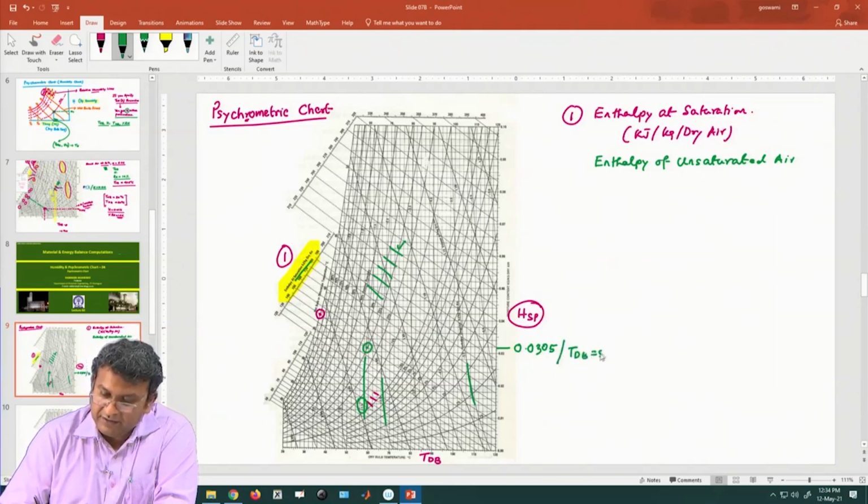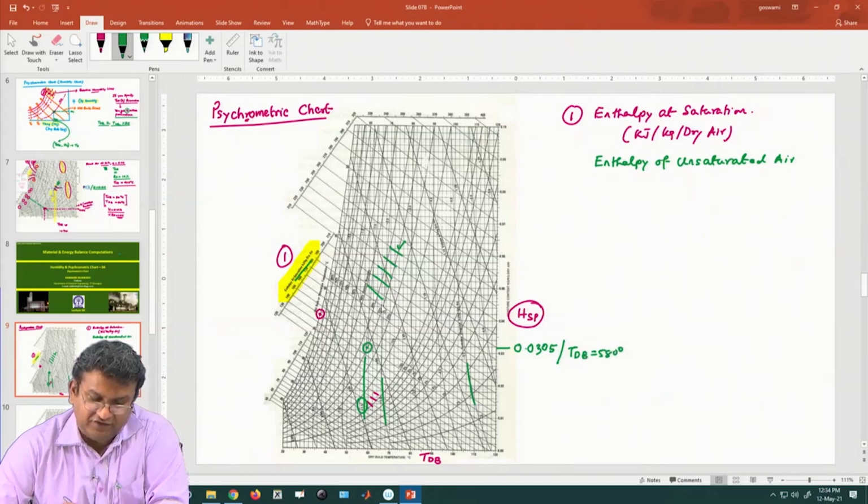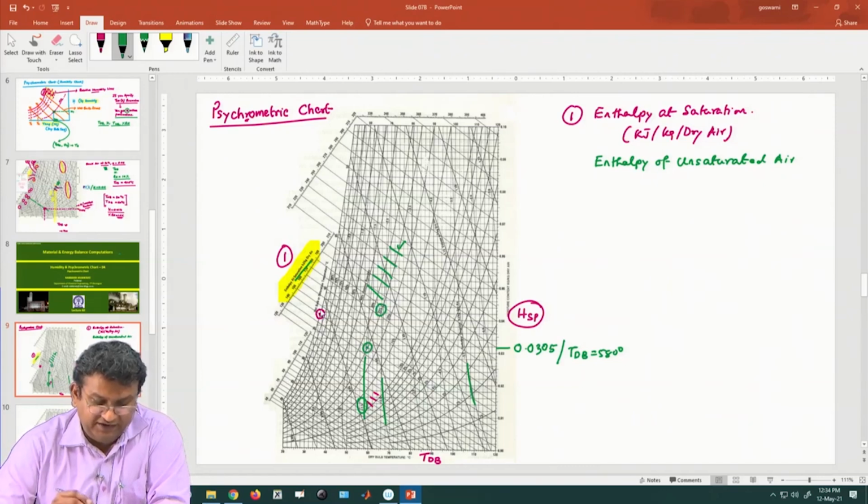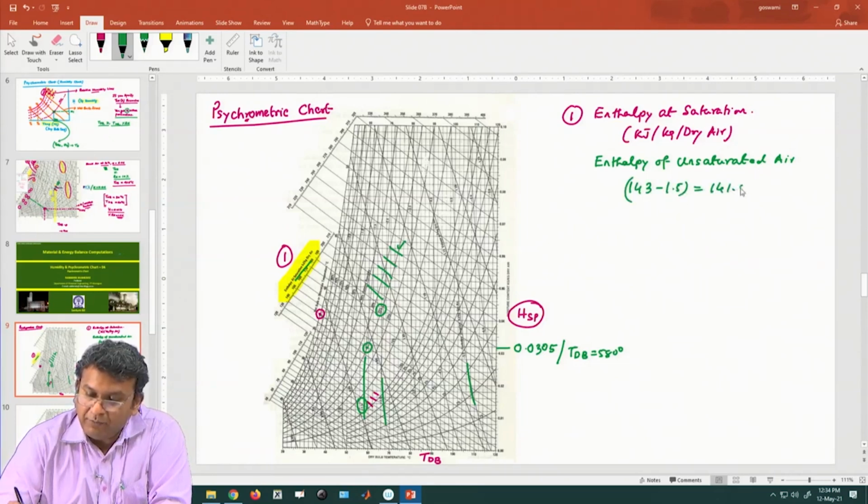That is the point. So, you can straight away say that its relative humidity is 25%, its wet bulb temperature is 37 degrees centigrade, but in addition to that you can also say its enthalpy is 143 minus 1.5, that is 141.5 kilojoule per kg dry air.